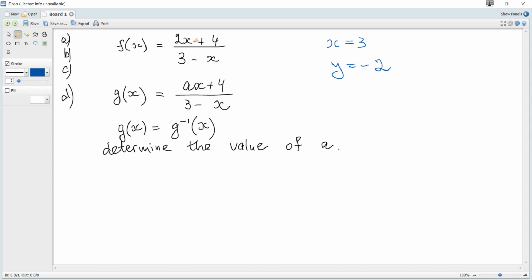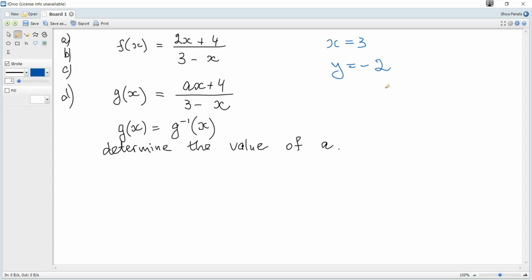And when the greatest power in the numerator is 1 more than in the denominator, there will be a slant asymptote. When the greatest power in the numerator is 2 or more greater than in the denominator, it means that the function just always increases or decreases, so there are no horizontal asymptotes.